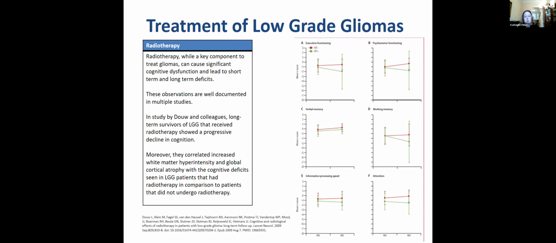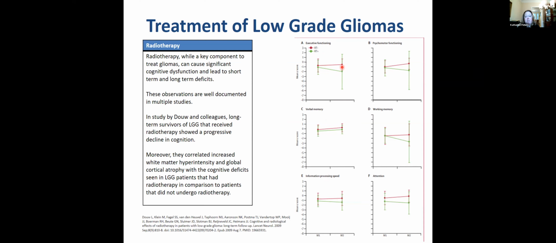Because the other observation, and this is again a little bit more of the neurology side of neuro-oncology, is that radiotherapy invariably will cause cognitive dysfunction. And this is a series of graphs from a study by Dow and colleagues, where they looked at patients with low-grade glioma that were long-term survivors, and they looked for ones that had no radiation therapy, which is the red line, versus the green line, which did have radiation therapy prior.